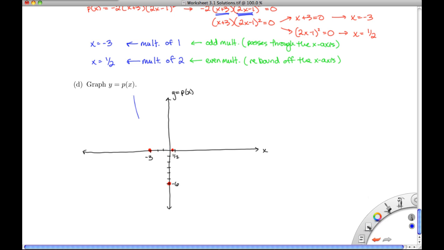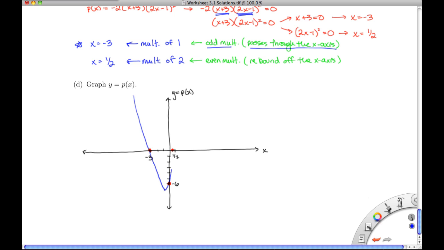It comes down, it approaches this 0, and since this 0 has an odd multiplicity, it passes through the x-axis. Then we're not exactly sure what it's going to do next. Maybe it passes down, but as it approaches the y-axis, it's going to have to hit that y-intercept. So maybe it comes down and comes back and hits it right there.